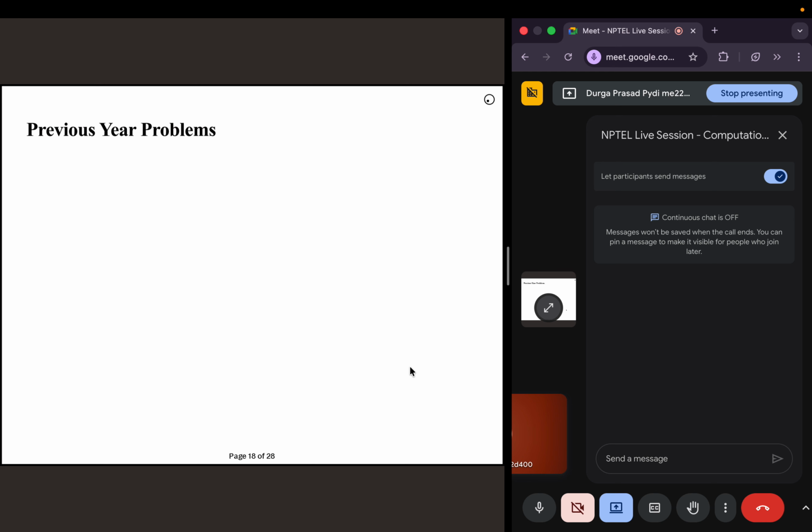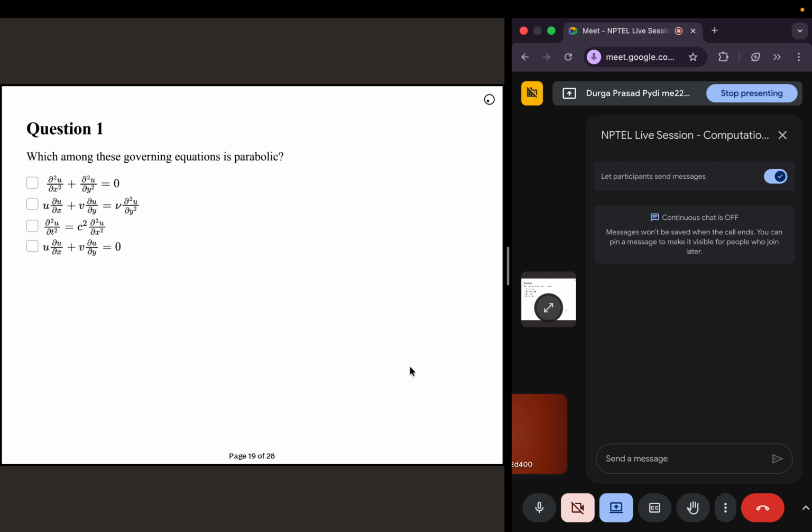Yeah. So these are some previous year questions. Those who want to appear for exams can gauge the level of questions for this particular topic. Which of these governing equations is parabolic? We have discussed this right away, but how do you do that?